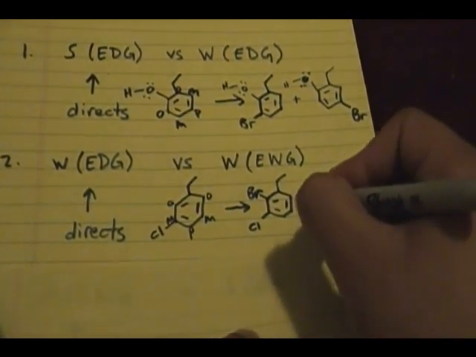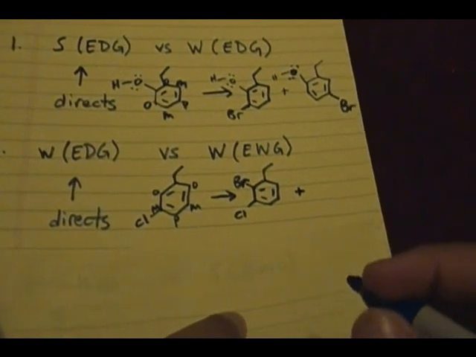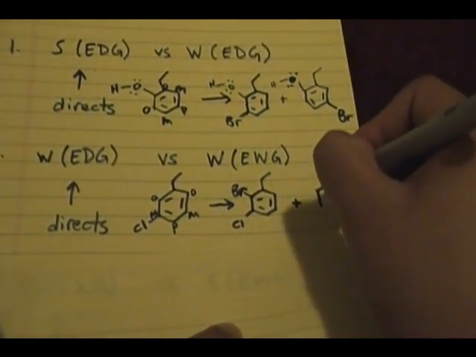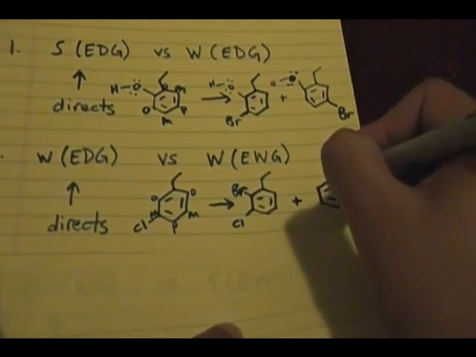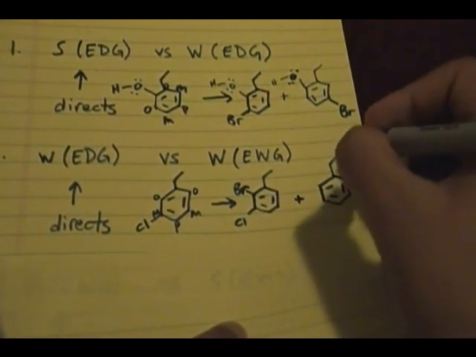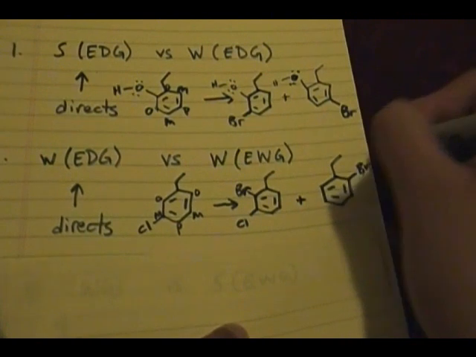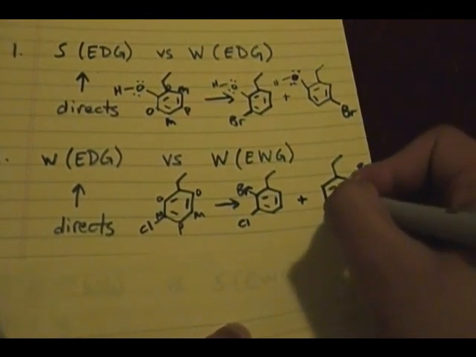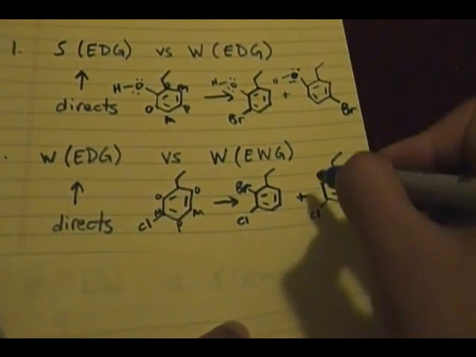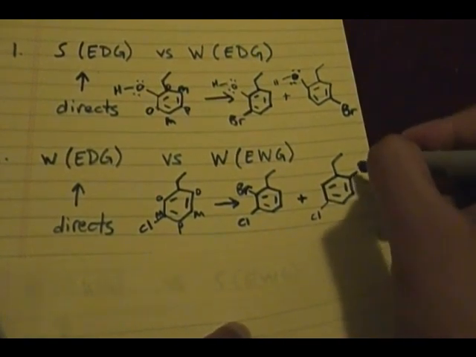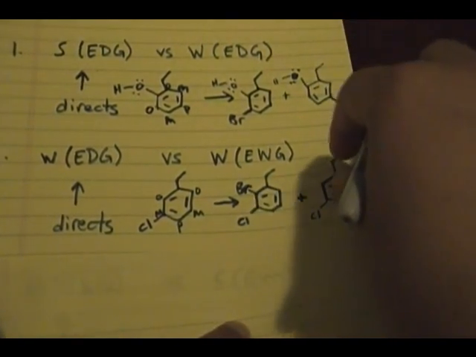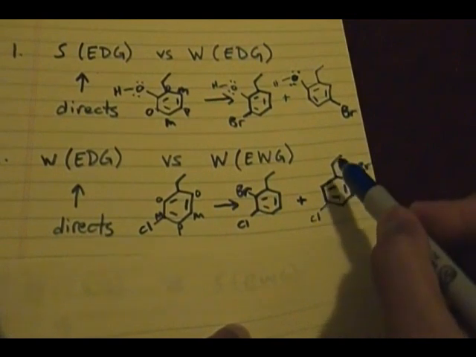Now the second product will be in this ortho position, because this ortho position is not the same as the first one. You see, the first bromine was in between the chlorine and the ethyl group.